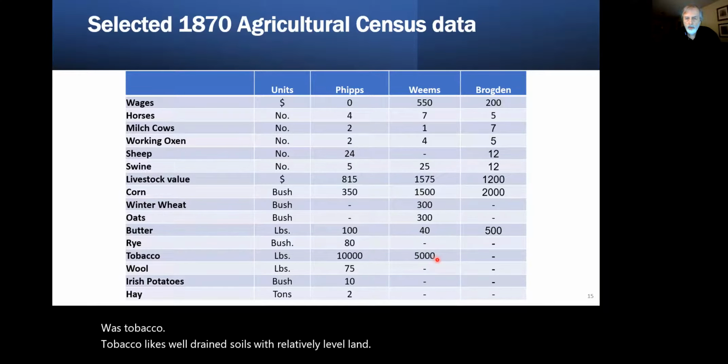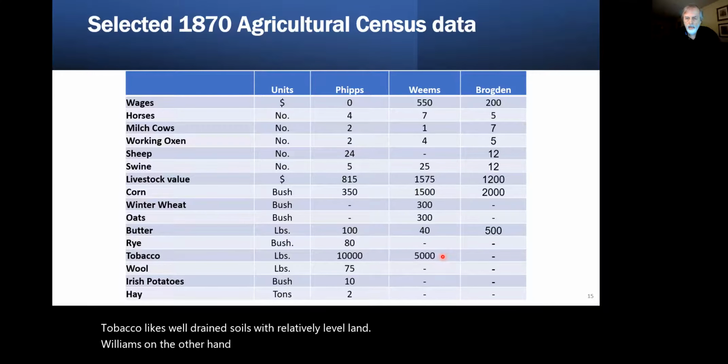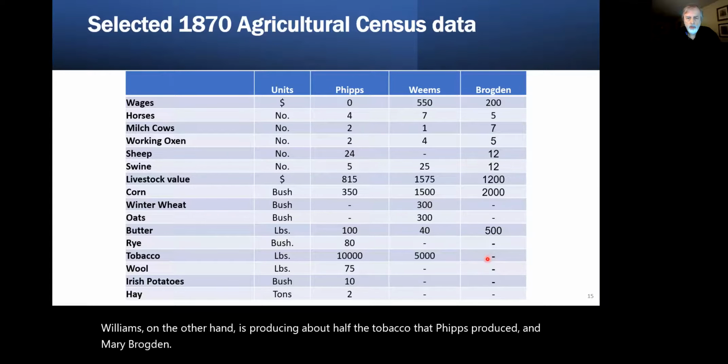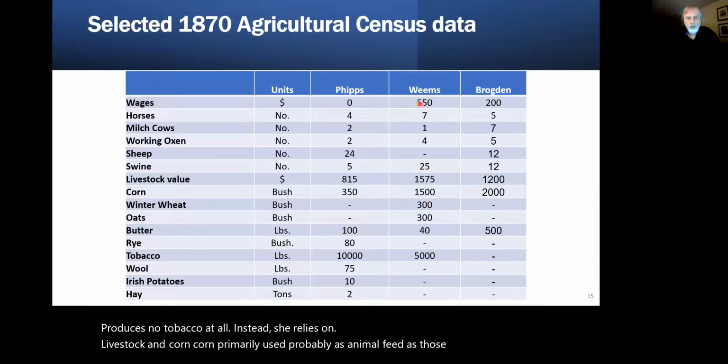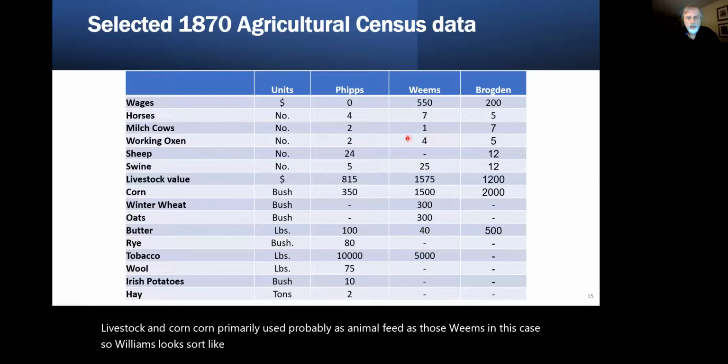Weems, on the other hand, is producing about half the tobacco that Phipps produced, and Mary Brogden produces no tobacco at all. Instead, she relies on livestock and corn, primarily used probably as animal feed, as does Weems in this case. So Weems looks sort of like a hybrid strategy compared to Phipps and Brogden.